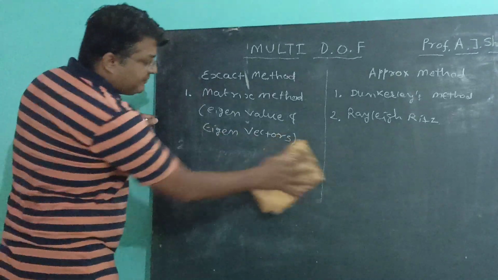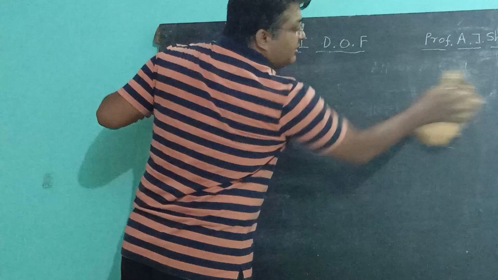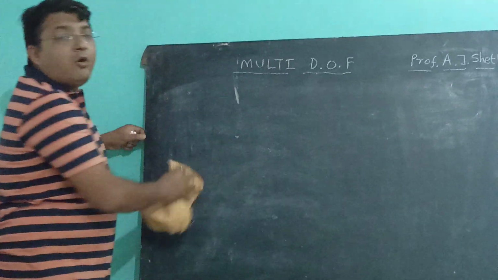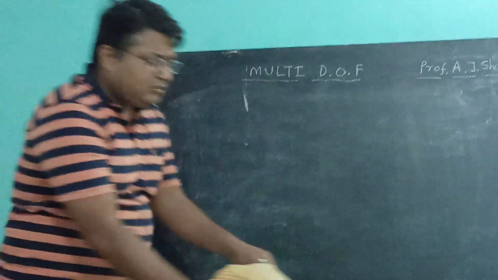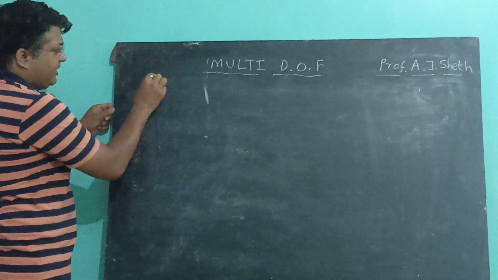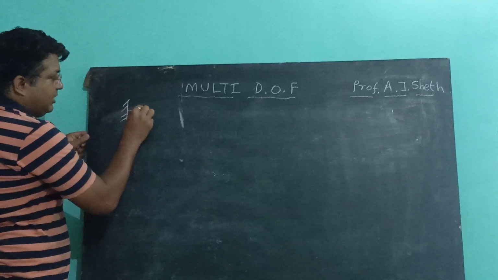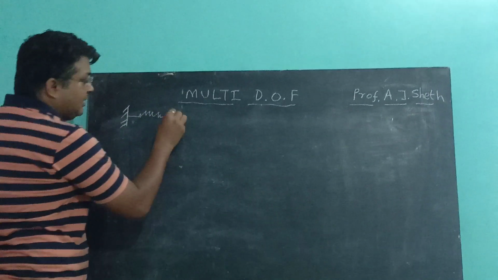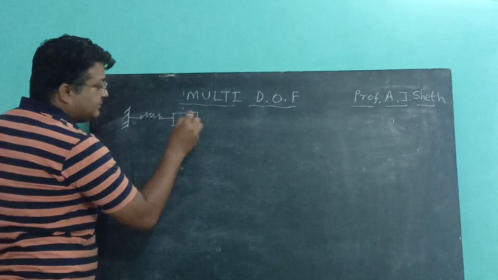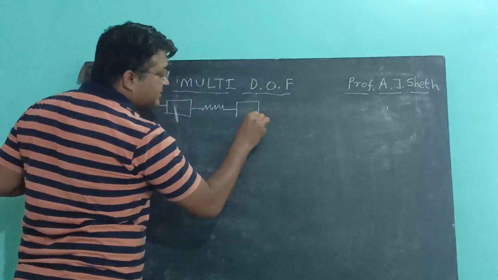So for this, let us take a case which has degree of freedom more than 2. Let us consider a very simple case: a stiffener, mass, again a stiffener, mass.